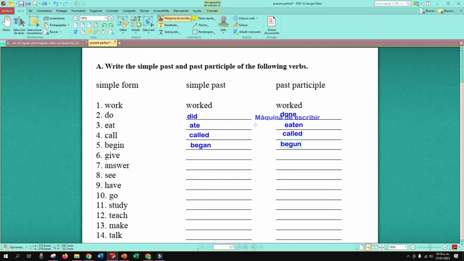So begin, began, begun. Right? Excellent. What about the sixth one? Give. Gave. And in past participle, you know? Given. Excellent. Given.